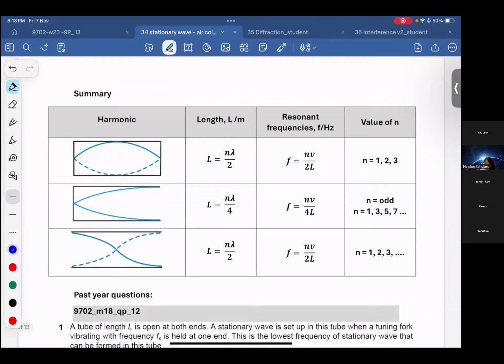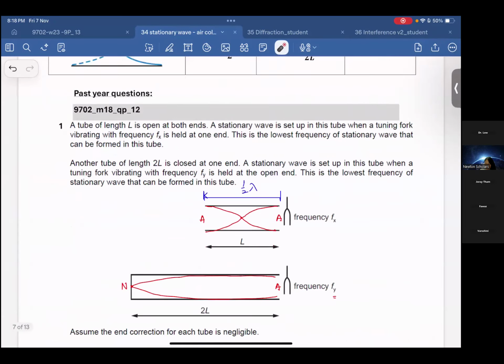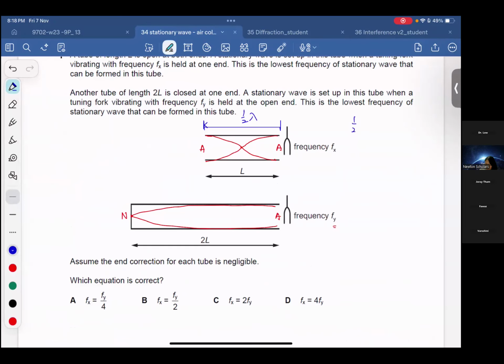Half a wavelength is equal to your length, so the wavelength is 2L. V equals F lambda, so the frequency for X should be V over 2L. This is my Fx.